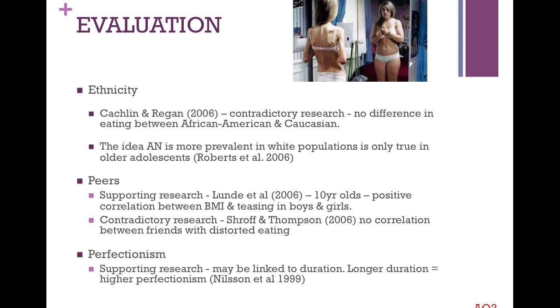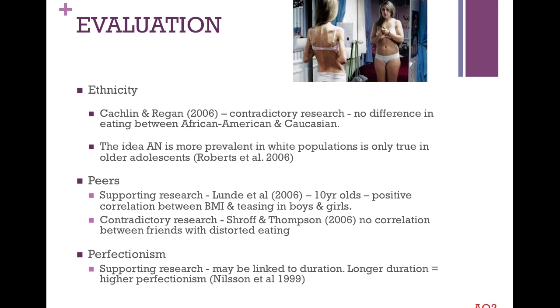We also looked at perfectionism as a personality type, and it seems to be a long-found link now that people with anorexia do have this perfectionist personality, and we suggested why that might be, and it does seem to make sense. Supporting research by Nielsen et al. seems to say that the duration is linked to perfectionism.